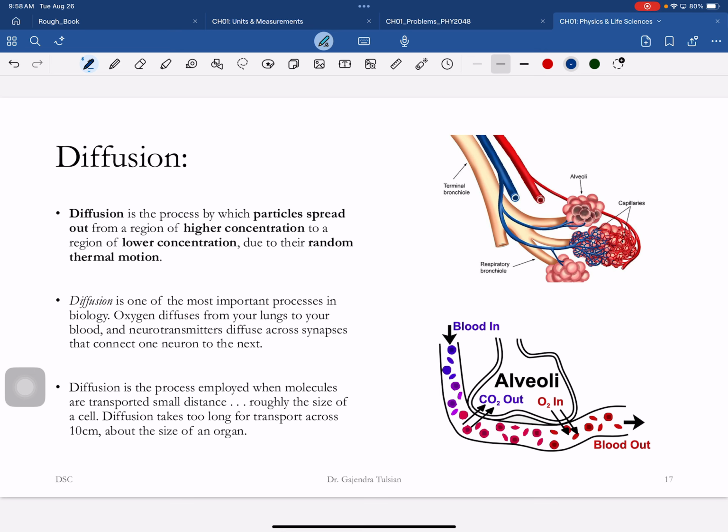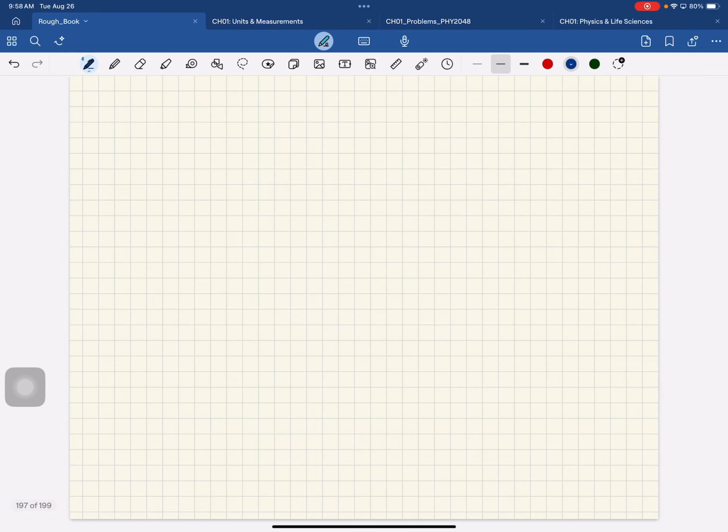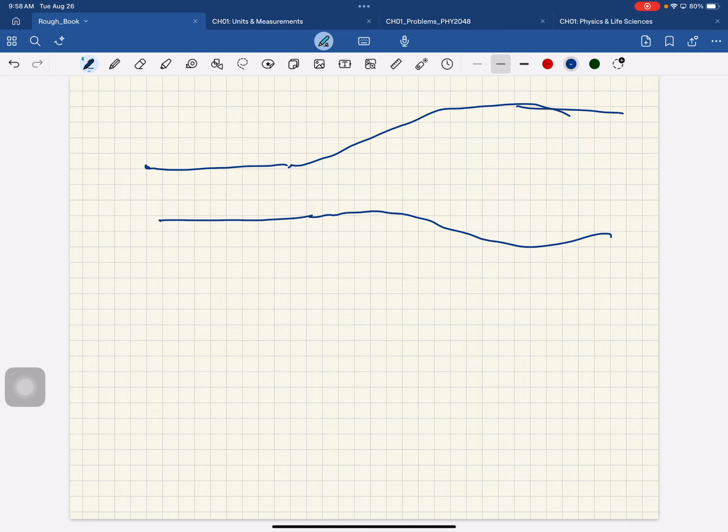All right, so I'll do two diagrams. So here's a pipe whose area of cross section is changing. The flow rate is A1 V1.